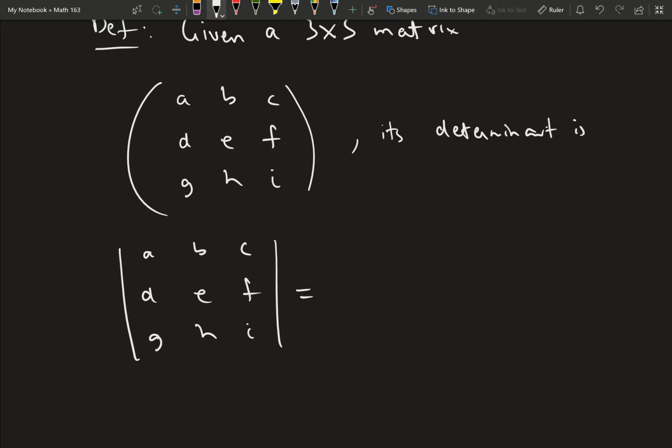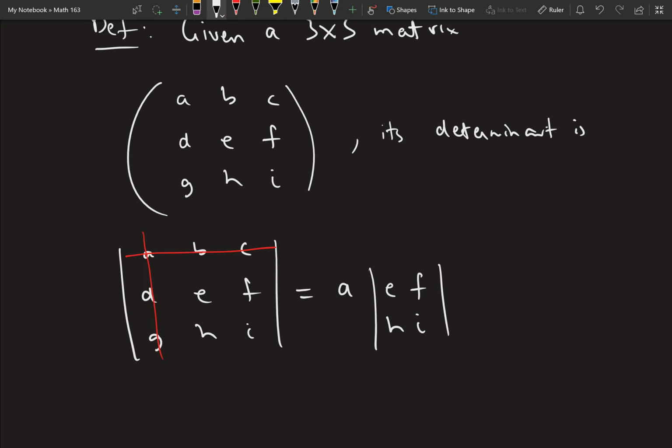What is this equal to? This is equal to A times, and then in some sense we're going to cross out this column and cross out this row. And what's left over, we're going to multiply A by the determinant of that. So E, F, H, I. So this straight line is a determinant of this 2 by 2.